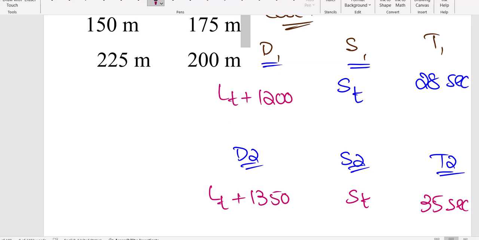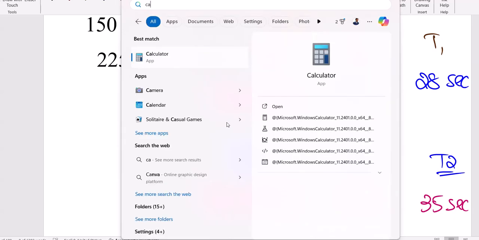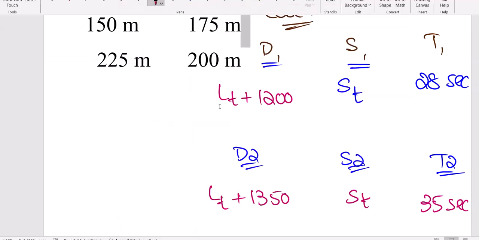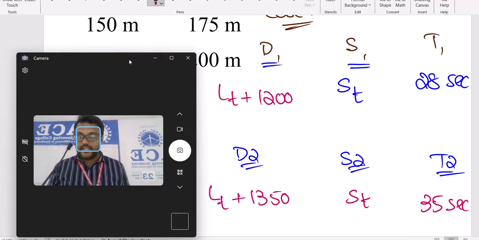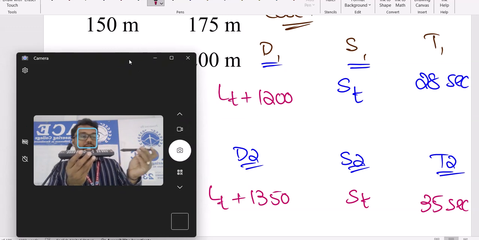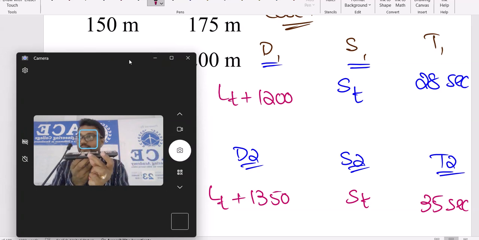I'll just try to put that recording as well, maybe somebody will find it useful if they refer to it. See, suppose this is what we consider as a platform. Now the train is crossing the platform. Means the train is exactly here. First, it is covering the platform length, which is 1200 meters or 1550.